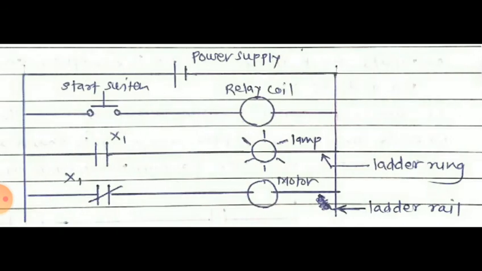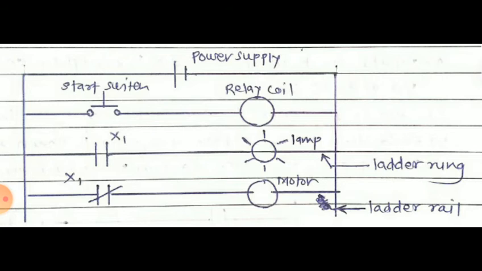Now we will see the difference between relay operation and PLC operation. The hardwired electrical circuits of processes or machines can be drawn in relay ladder diagram form. Hardwired logic is nothing but the logic control determined by various devices.